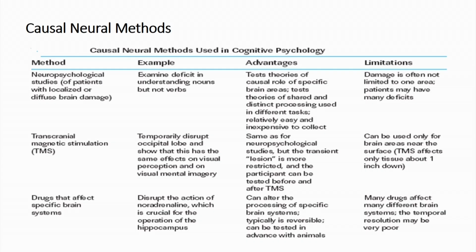Another method of studying cognition is the causal neural method. What does this method do? In this method, it is assumed that if certain regions of the brain are required for certain activity, what would happen if that region of the brain is somehow not allowed to do any activity, or is stopped from doing activity. One of the particular methods within this approach is using patients who have certain brain damage.